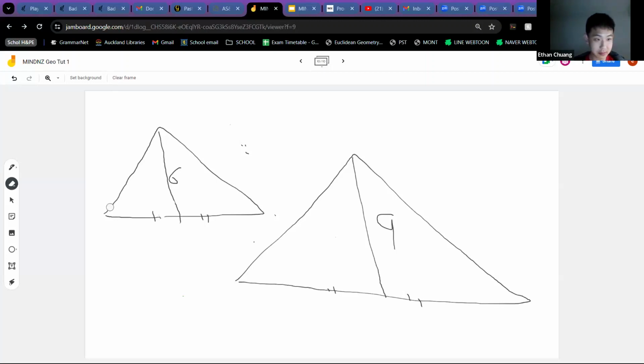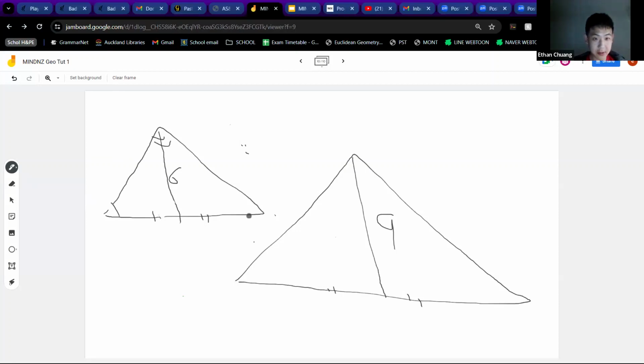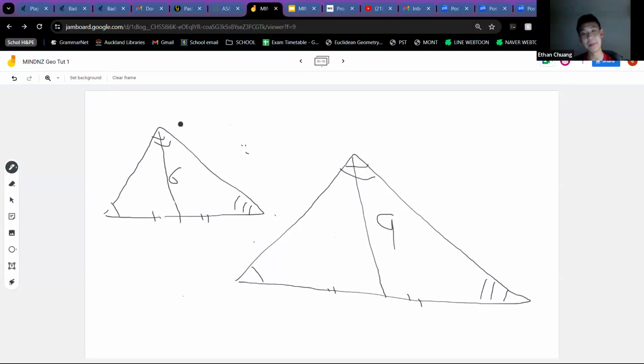True. What else does it tell us? The ratio of the sides are equal. That's basically what it tells us. So where do we go from here? Now we know all the angles are equal and the ratio of all the sides are equal. What can we discern from this information?